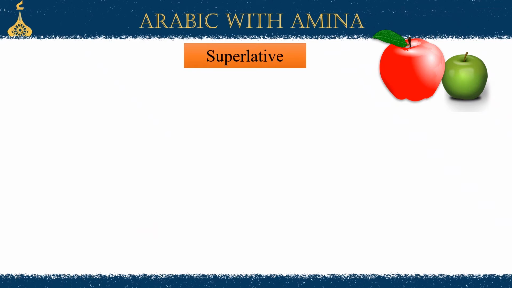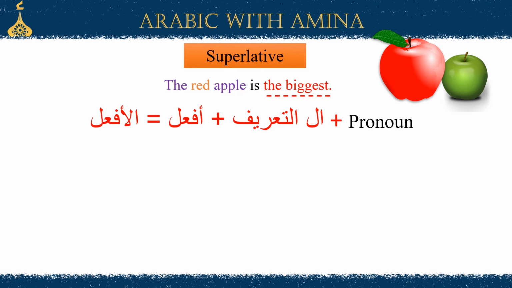Starting off with the sentence, the red apple is the biggest. To say the biggest, we are adding est to the end of the adjective. To say this in Arabic, we are going to take our rule of pronoun, التعريف, which is the, and the adjective in the form أفعل.